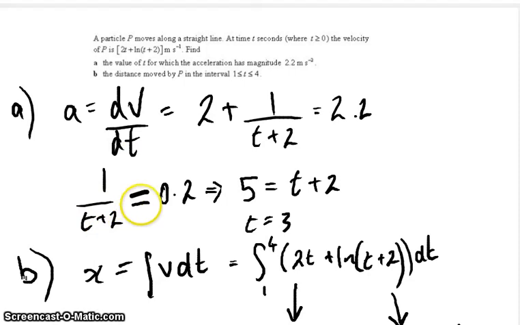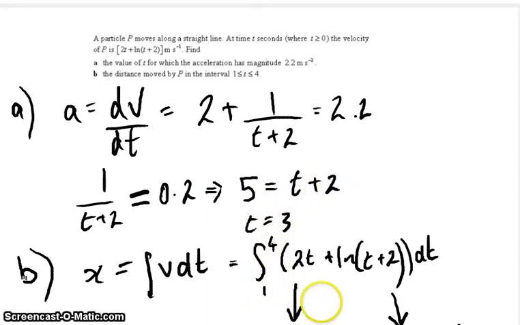So then you just solve it. Okay, take away 2 from both sides, and you're left with 1 over t plus 2 is 0.2. Moving the t plus 2 to the other side of the equation and multiplying both sides of the equation by 5 gives 5 is equal to t plus 2, and therefore t is equal to 3.